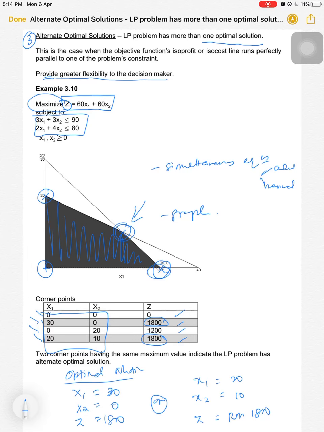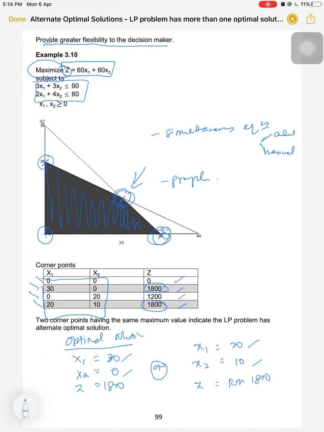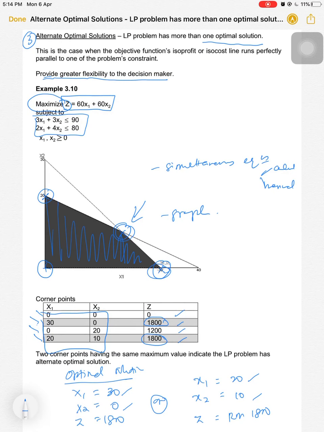That means you can choose either to produce 30 of x1 and 0 of x2, or 20 of x1 and 10 of x2. Both will provide the same answer. Okay, next.